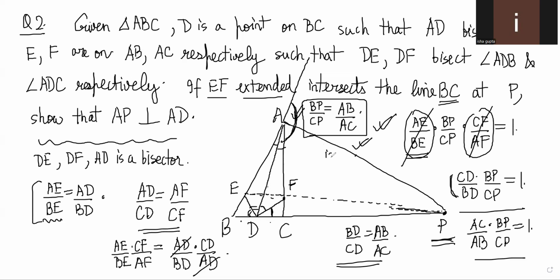If AP is an external bisector, it automatically becomes perpendicular to AD, which is the internal bisector, right? So all we need to do to understand this is prove that anytime you have an external bisector, it will divide the thing in the ratio, again a similar thing.